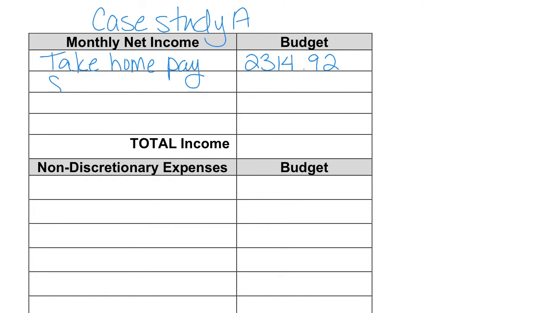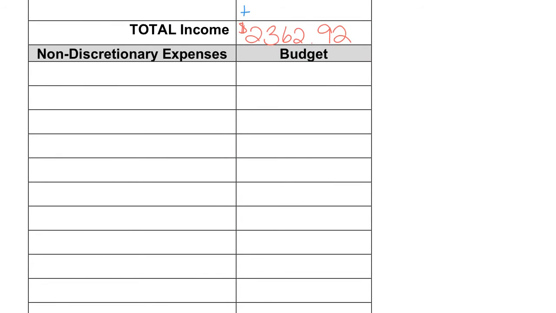And then she had the money that came from her savings account interest, and that was $48 a month. So in total, I just added everything in this column and I ended up with $2,362.92.